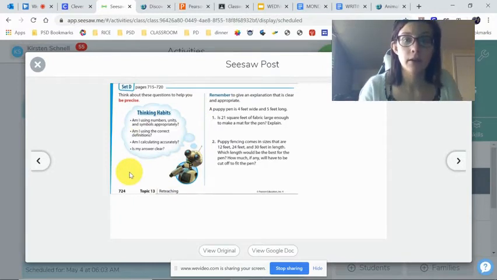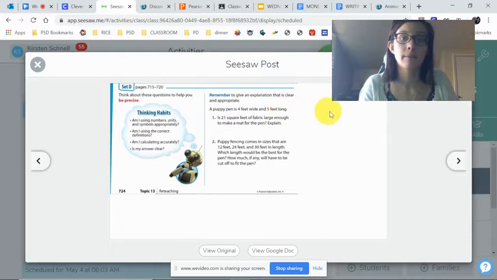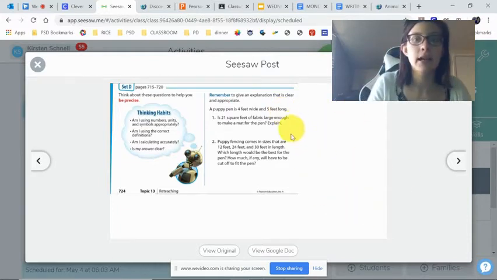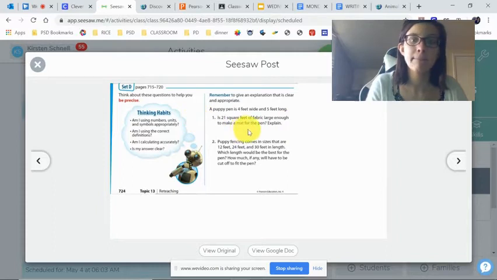So here is your question. A puppy pen is 4 feet wide and 5 feet long. Okay, so a puppy pen, and you can draw that to the side. Is 21 square feet of fabric enough to make a mat for the pen?